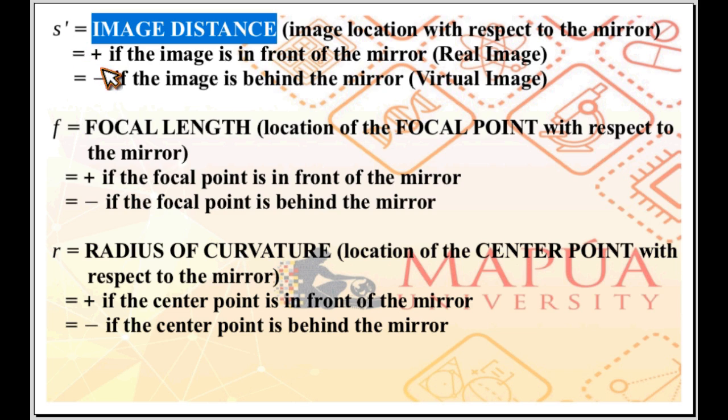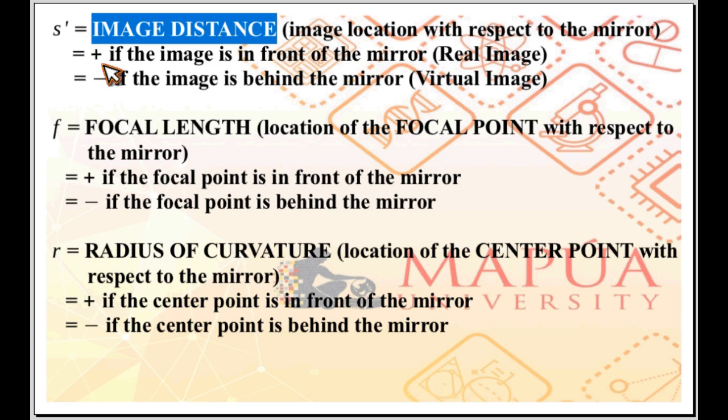S prime is positive if the image is in front of the mirror. Mirror is an optical device that reflects light. Thus, we look at the location of the reflected light. Reflected light is in front of the mirror. So we consider the front of the mirror to be the positive side for the location of the image.